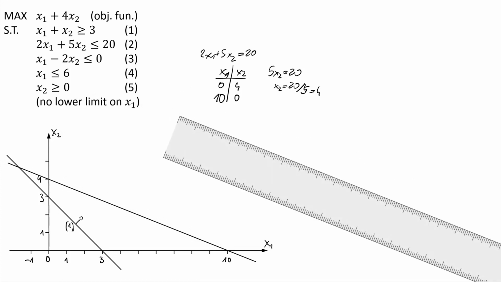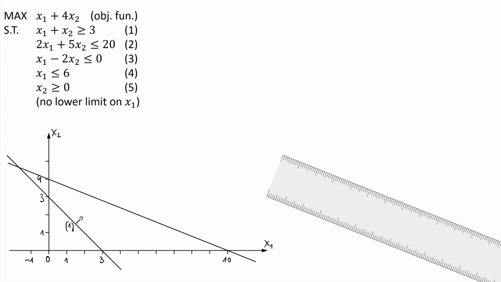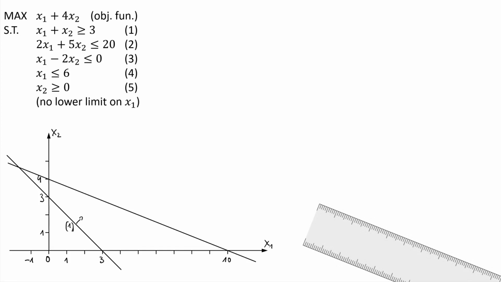Now we need the third constraint. The third constraint, because it has a right-hand side 0, is going to be an interesting one. When you have right-hand side 0, x1 minus 2x2 equals 0.